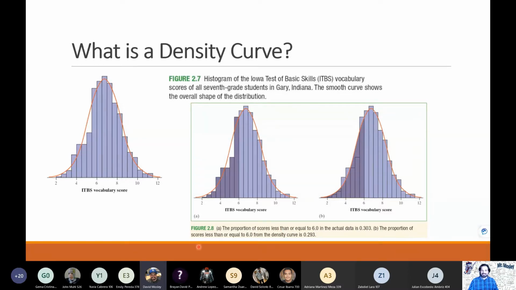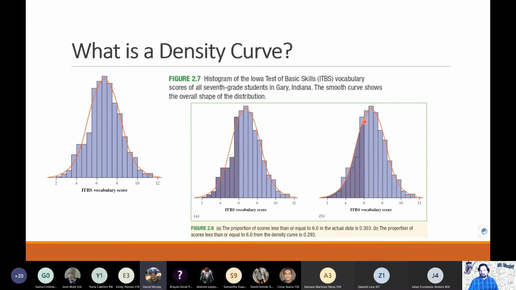The proportion of scores less than or equal to 6.0 from the density curve is 0.293. So we're 0.01 off, but that's not a ton of difference. It's just a tiny bit.